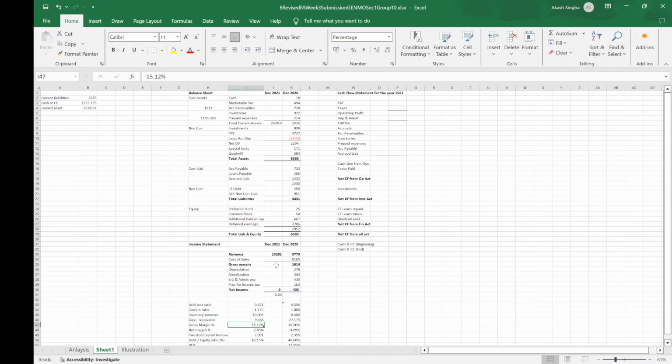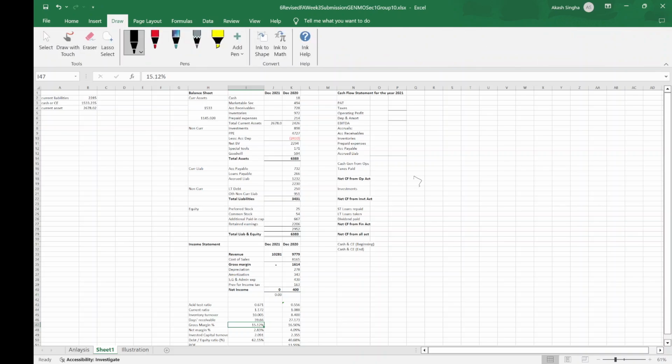So we know gross margin by revenue is 15.12.